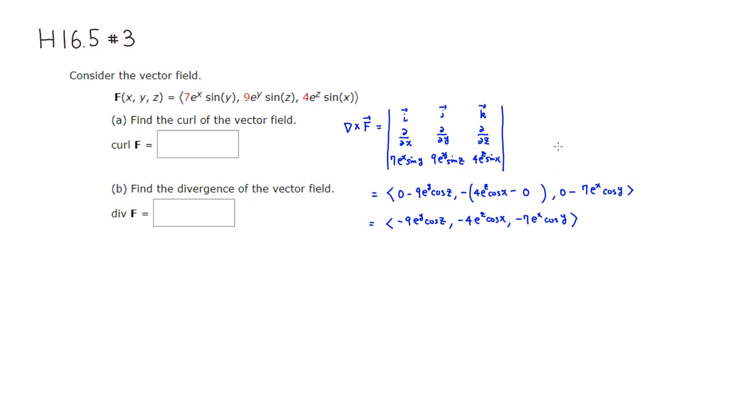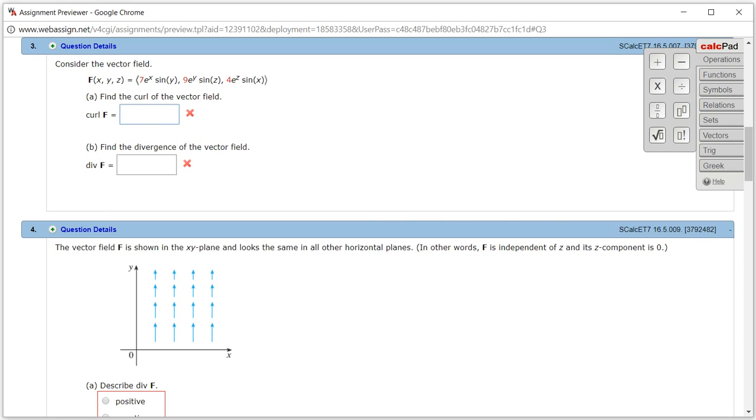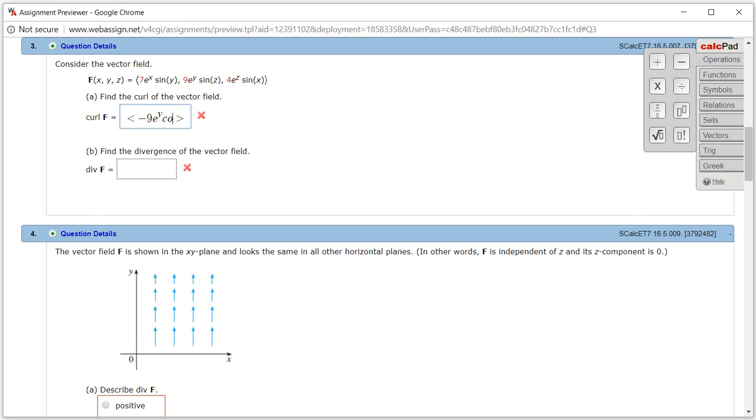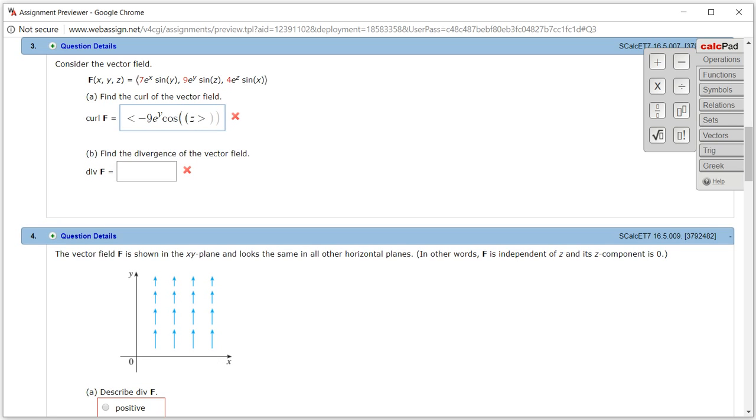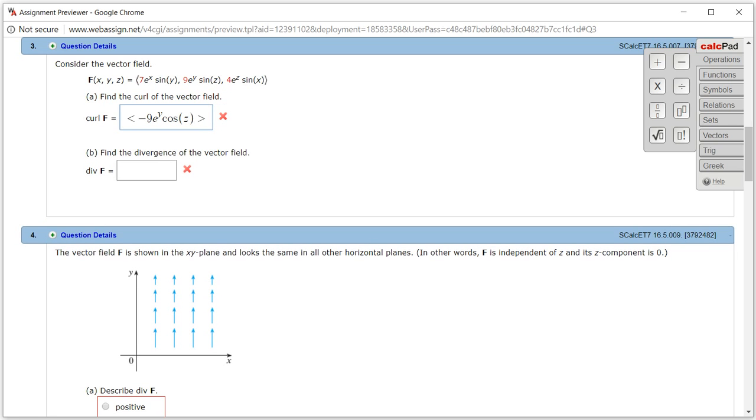So let's type it in. The first component is negative 9 e to the y cosine of z, the second is negative 4 e to the z cosine of x, and the last component is negative 7 e to the x cosine of y.